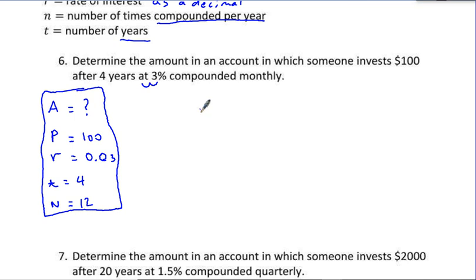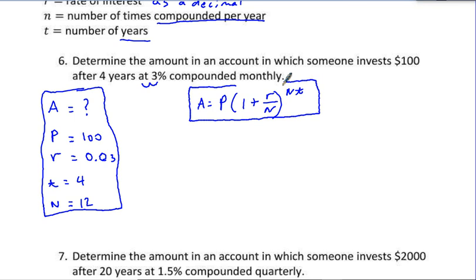And then I usually will rewrite the formula. A equals P times 1 plus R over N to the NT. And sometimes I'll even box that as well. This formula uses all of the variables that were given, so that's how I know this is the formula to use.